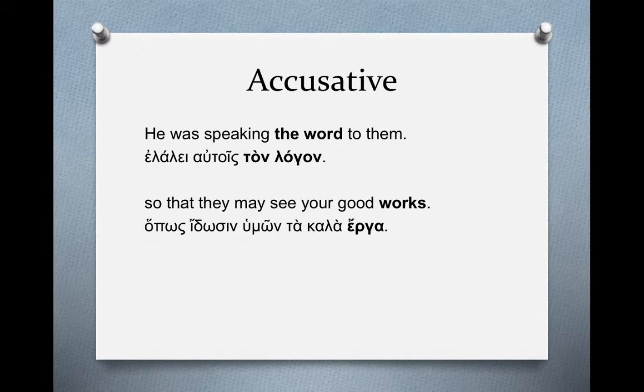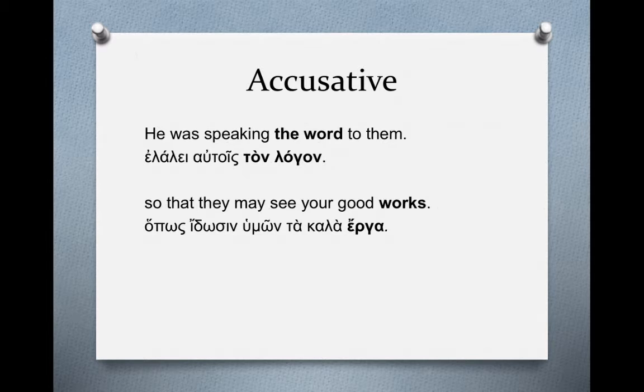Or, so that they may see your good works. Don't worry about the words in these Greek sentences that you can't recognize. Just focus on the nouns for now. So that they may see your good works. Kala is an adjective which means good. And then we've got erga. Okay, so that comes from ergon. That's the way we memorized it. It ends in the nu in the lexical form, so it's a neuter word.